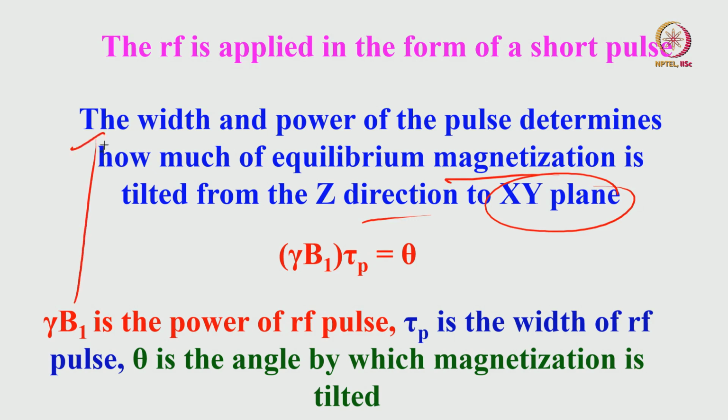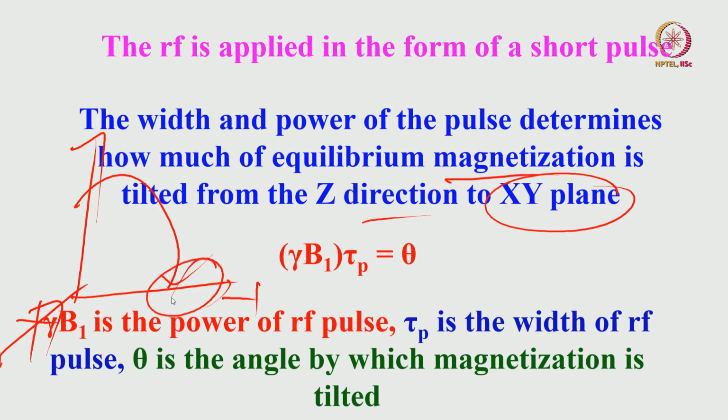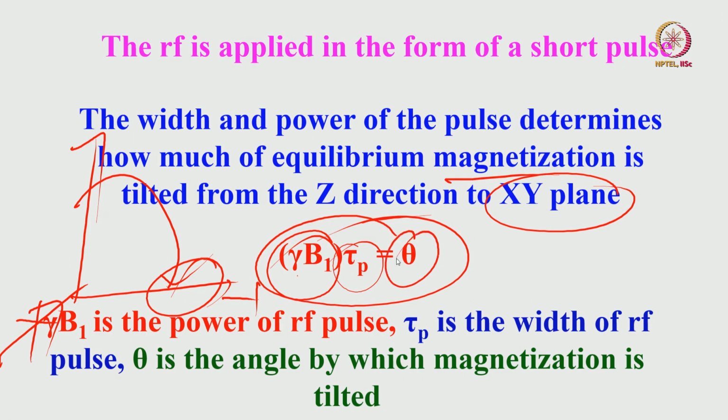Initially magnetization will be along the z axis, and you apply a radio frequency pulse along one axis, let us say the x axis here, and you tilt the magnetization to the y axis, and here we are going to detect the signal. And this amount of tilting, how much magnetization is tilted, is given by this equation: gamma B naught over 2 pi. Gamma B naught is the RF power, Tp is the pulse width, and the angle at which you are going to tilt, theta, is given by this power and width of the pulse.